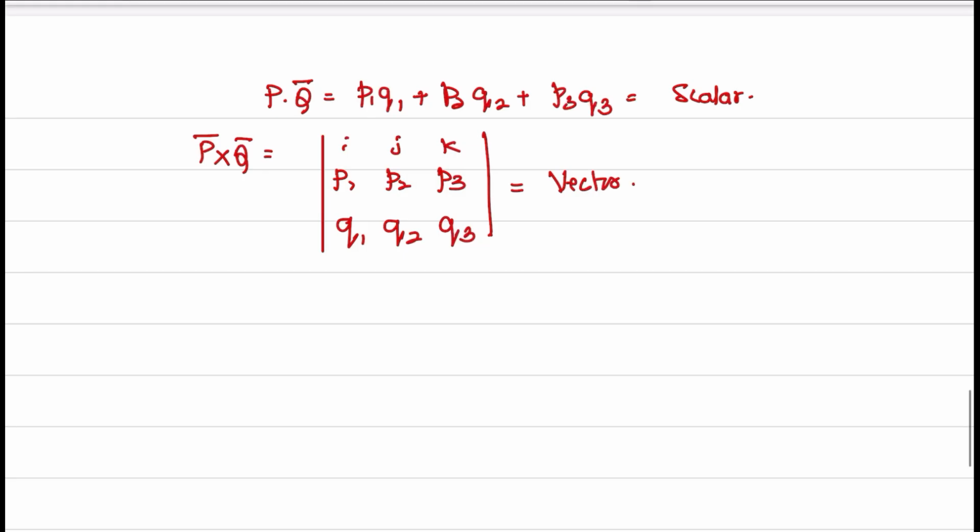Vector. Like this, we have derived both scalar or dot product and vector or cross product between two vectors when components are given. When angle is given, it is PQ cos theta dot product, PQ sin theta is the cross product.